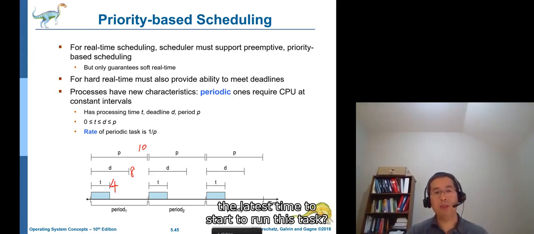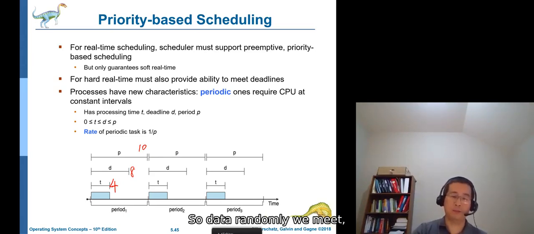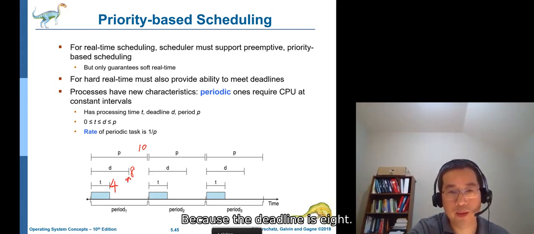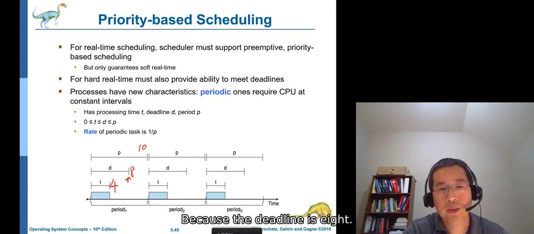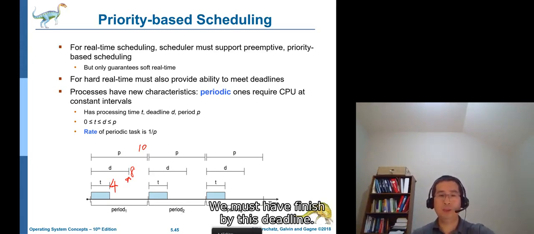So what is the latest time to start to run this task to meet the deadline? We need to look at this one, right? Because the deadline is 8, that means we must finish by this deadline.